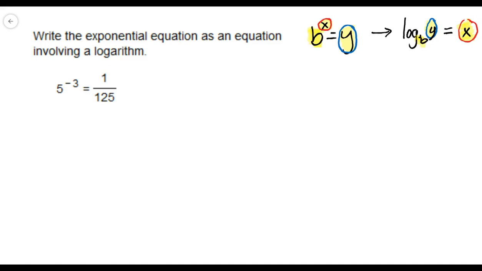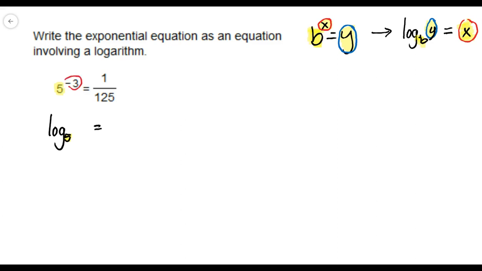So going over to our example is 5 to the negative 3 equals 1 over 125. So if I want to write this as a log expression or equation, I write the word log, and then that log is going to have a base. That base of the log is going to be the base of the exponent. Then the log is always going to equal the exponent.